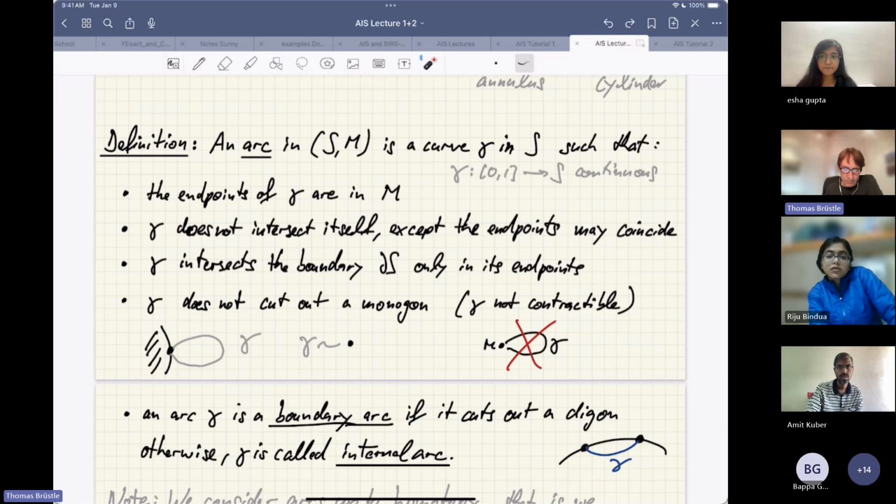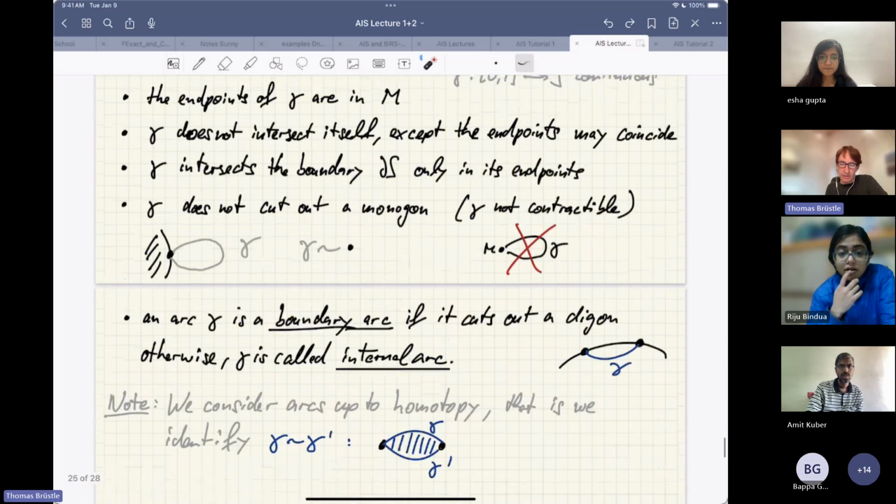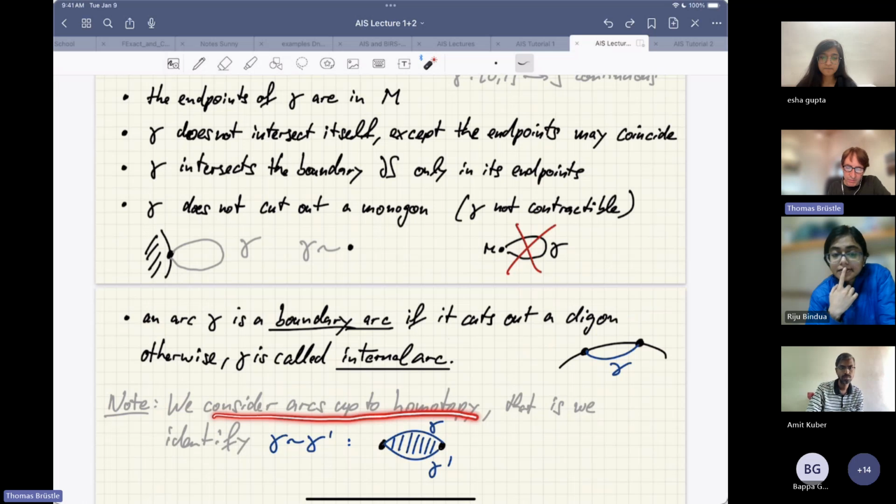And so I subdivide my set of arcs into two sets, boundary arcs and internal arcs. Internal arcs are the ones which are not boundary arcs. Otherwise, if gamma is not boundary, it's called an internal arc. And a big remark: in everything I do, I consider my arcs up to homotopy.